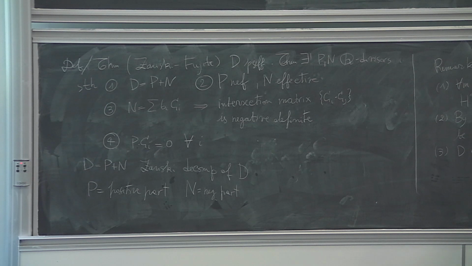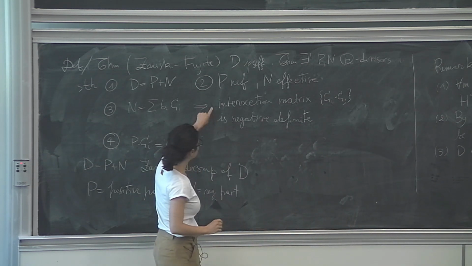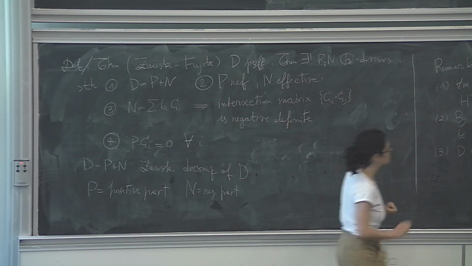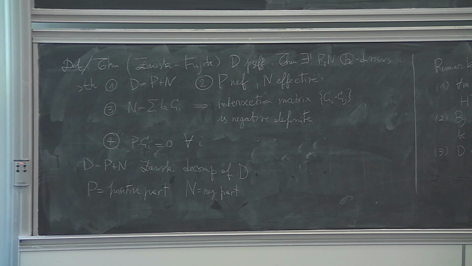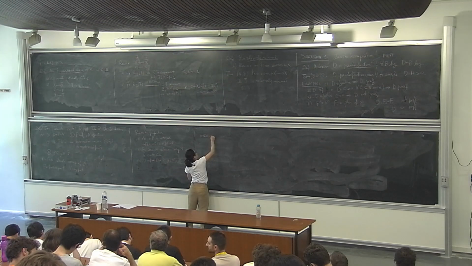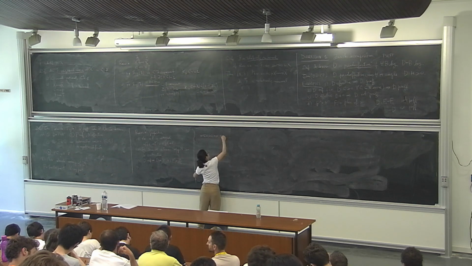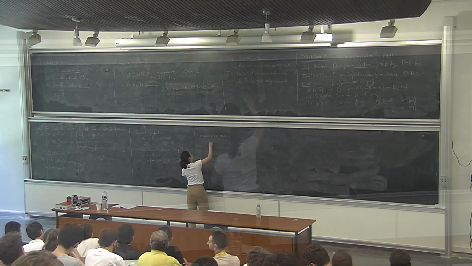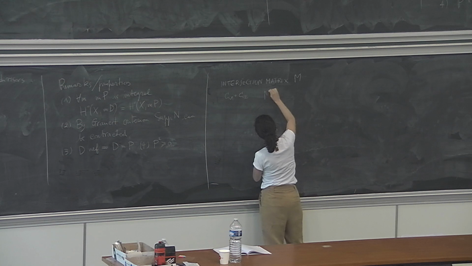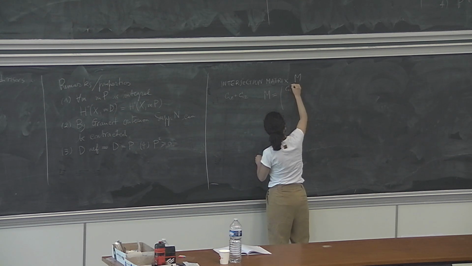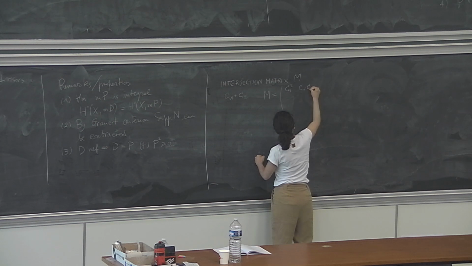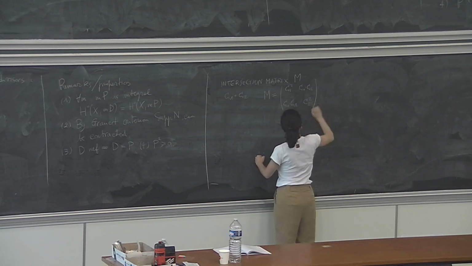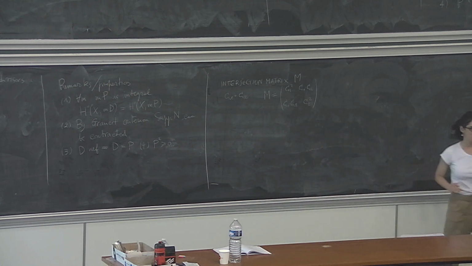So maybe I should, I'm not sure this intersection matrix business is completely clear. Maybe I will just give you the intersection matrix. Let's say we have 2 curves. And then M is C1 squared, C1.C2, C1.C2, and C2 squared. So it's always a symmetric matrix.